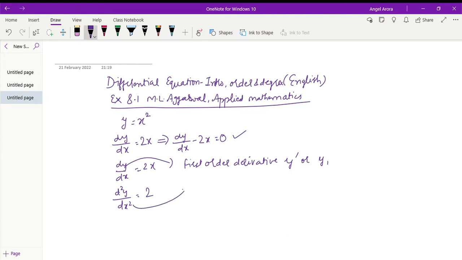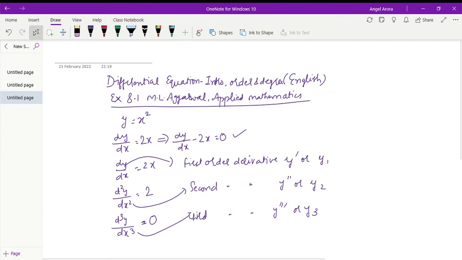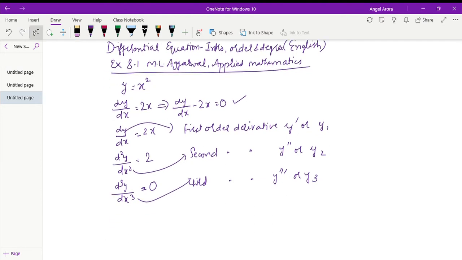So this is the second order derivative, or we can also write it as y double prime or y2, and so on. Differentiating it once again, we will get 0 because the derivative of 2 is equal to 0. So this is the third order derivative or y triple prime. So these are the first order, second order, third order derivatives and so on.